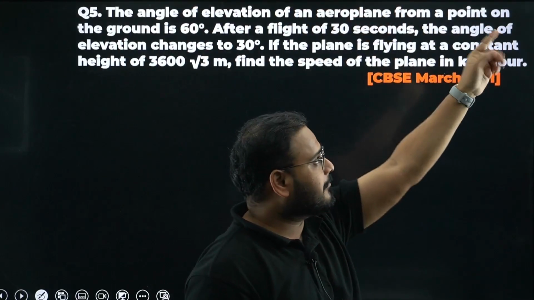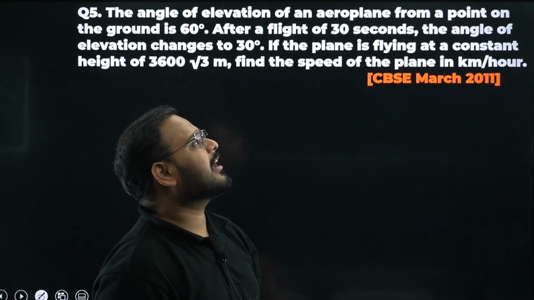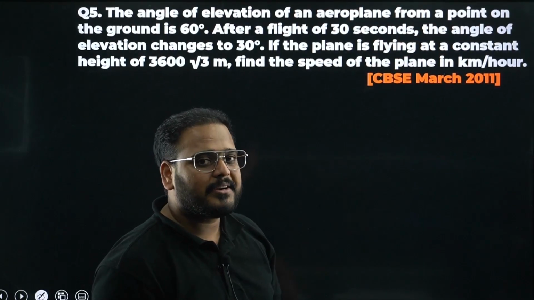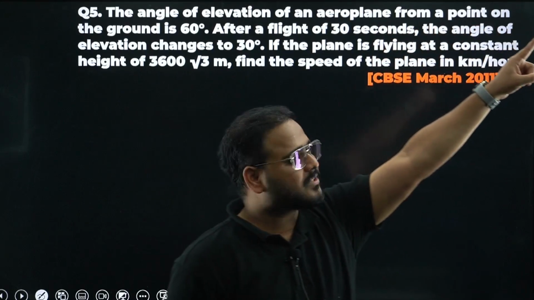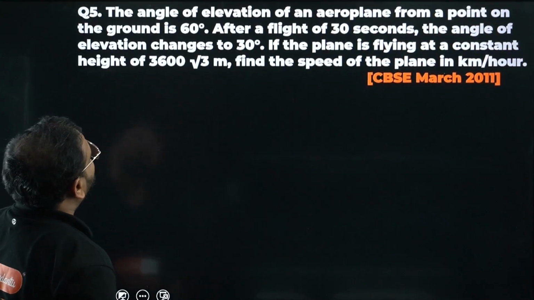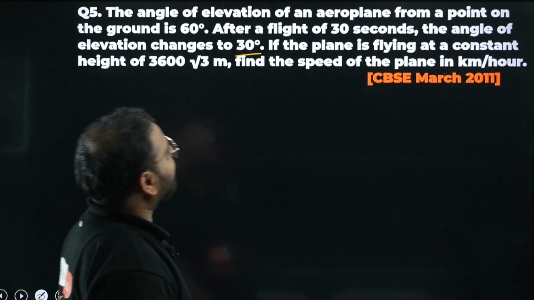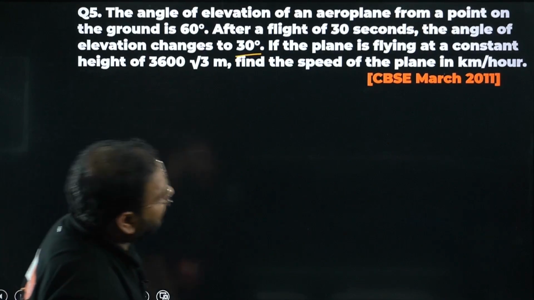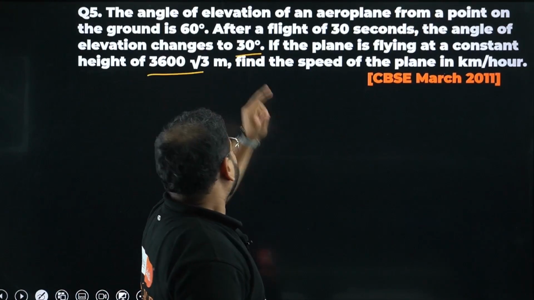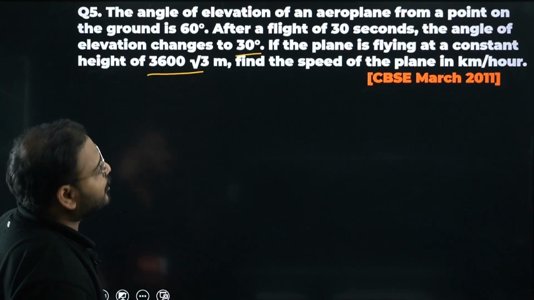When it's going away from me in 30 seconds, what will happen to my line of sight? It will come down, right? It means the angle will decrease to 30 degrees. If the plane is flying at a constant height, they have given the altitude of the plane, find the speed of the plane in kilometer per hour.